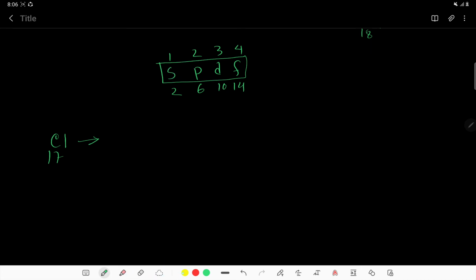First, you need to consider this S and write this S twice. Then you need to consider PS as a unit and write it twice. Then you need to consider DPS as a unit and write it twice.